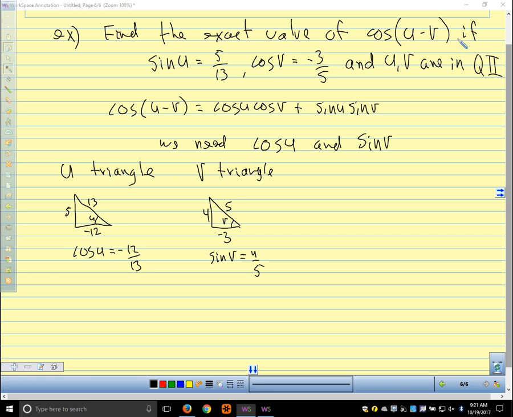So now we plug all of this stuff into our formula. Cosine of u minus v is cosine u, negative 12/13, cosine v, negative 3/5. And we're adding plus sine u, 5/13, times sine v, 4/5.